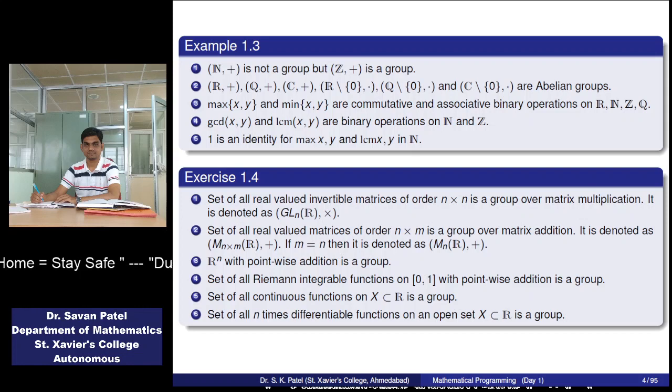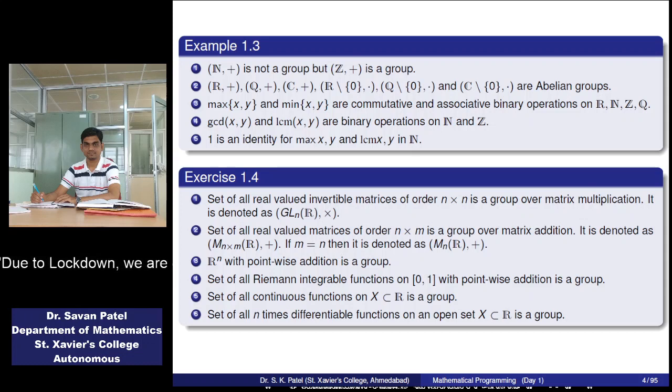The set of all n times differentiable functions on an open set X subset of R is a group. Since again we know that if f is n times differentiable, g is n times differentiable, then f plus g is n times differentiable. The 0 function is infinitely differentiable, so the 0 function lies in here.